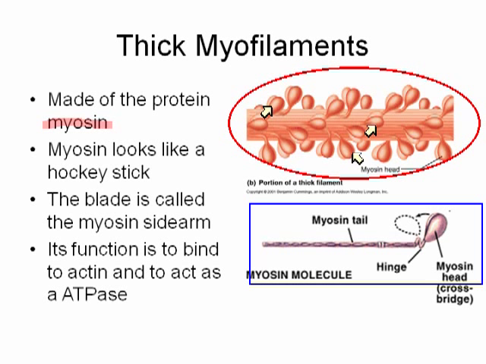The other structure I will bring you into the fold with is right there, that little kink that connects the sidearm to the tail, and that's a hinge. And that's what allows the myosin head to flex or move forward.